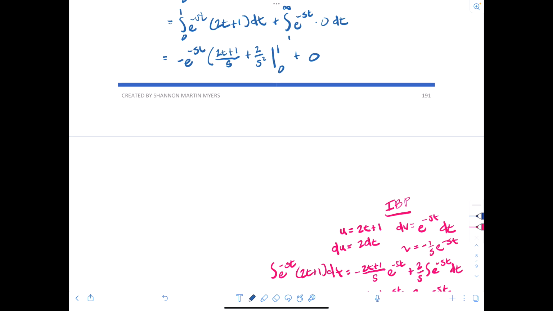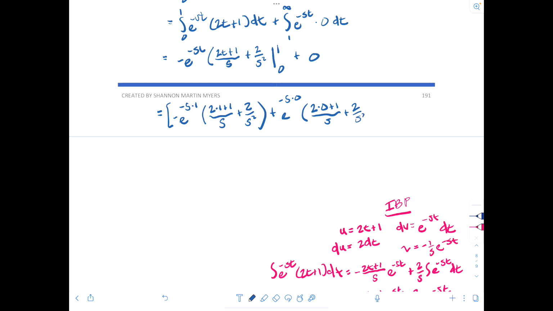So that's nice. And so continuing the work on this one, we will have negative e to the negative s times (1 times 2 times 1 plus 1 over s plus 2 over s squared). Minus a minus is plus. We'll have e to the negative s times 0, and then (2 times 0 plus 1 over s plus 2 over s squared).